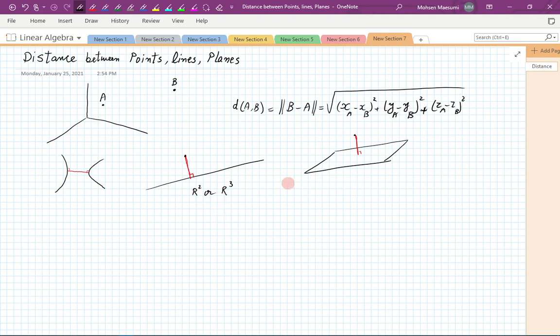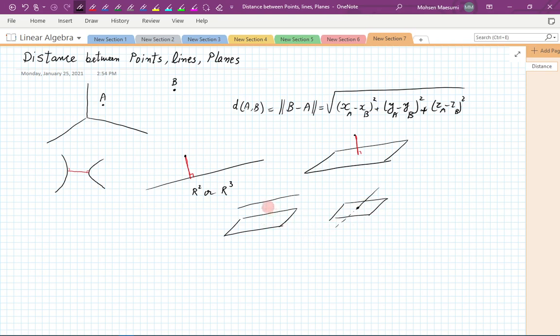Going beyond these two problems, we could have a plane and a line, and we could ask about the distance. Of course, if the plane and the line were intersecting each other, the shortest distance would be 0.